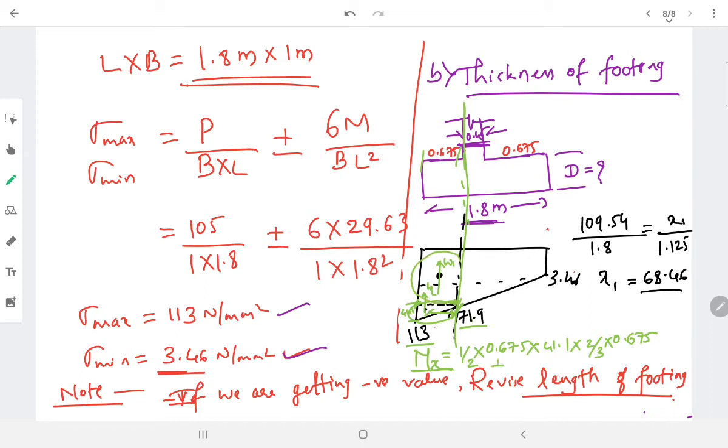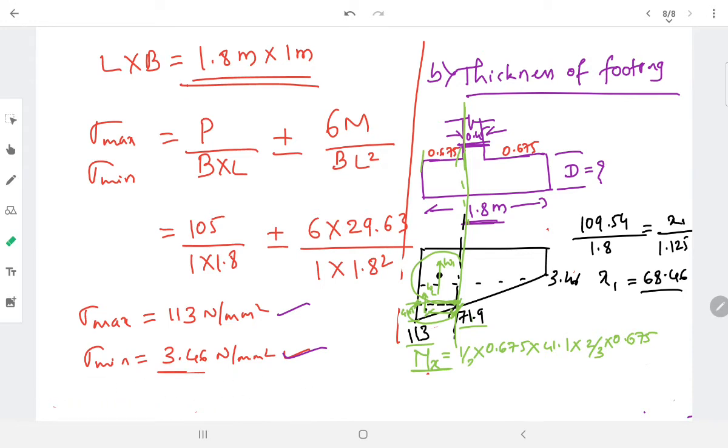So plus, I'll just rub it off all this. So this is about the triangular area plus rectangular area. The width of this is 0.675 and height of this is 71.9 into, where is the CG? CG is here, from here to here.